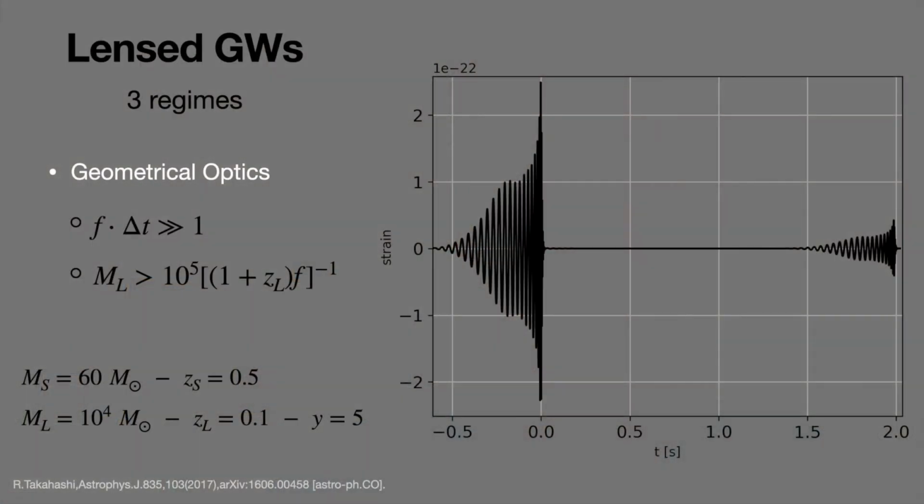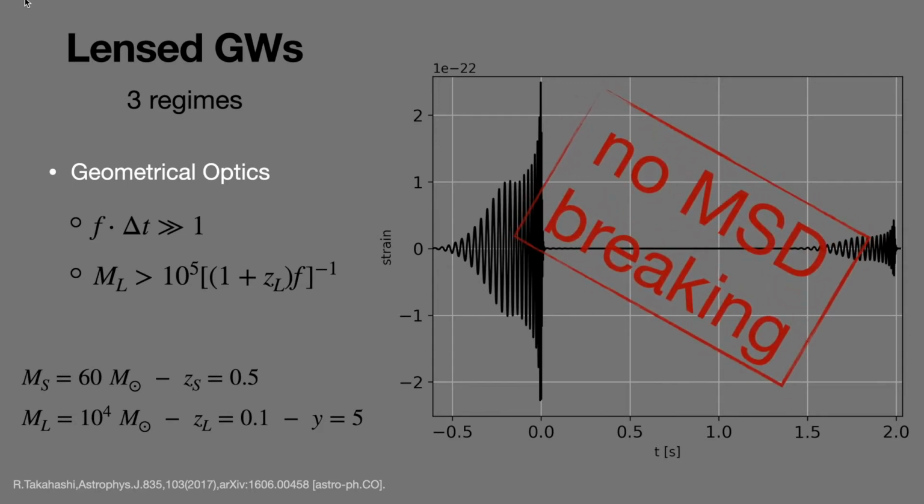So the first case we consider is the geometrical optics regime given by this condition here. However, we won't focus on this case because it is very similar to the electromagnetic one. Here, changing lambda only changes the magnification of the images, and the degeneracy cannot be solved if we do not have further information about the system.